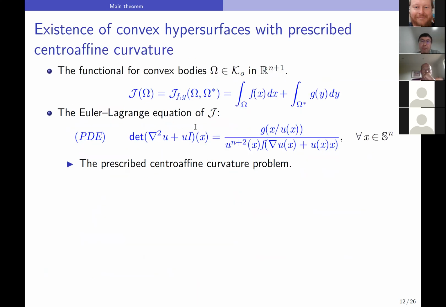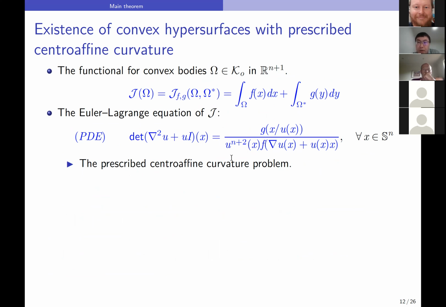Okay, let's come back to our functional and the main PDE. Our functional J of omega has an Euler-Lagrange equation, the equation of the critical point, which is the following: the determinant is equal to g over this term.